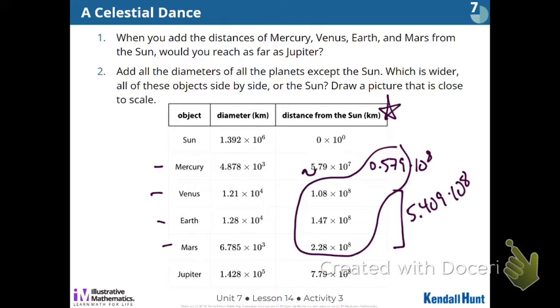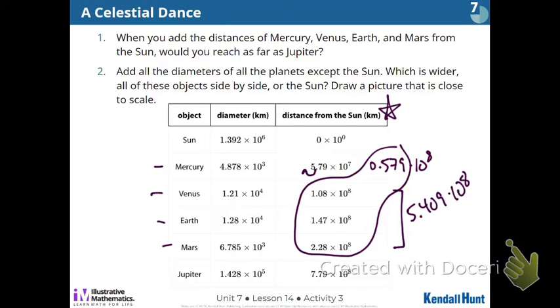So that is the distance of all those planets put together. In order to add them up, I needed to line them up by the same place value, because that's how we add numbers. We line them up by place value. And that gives me 5.409 times 10 to the 8th.